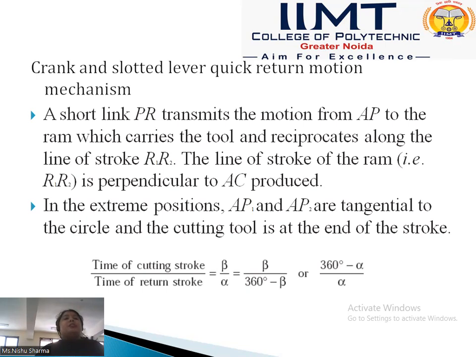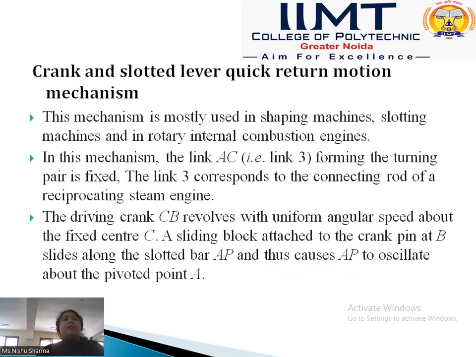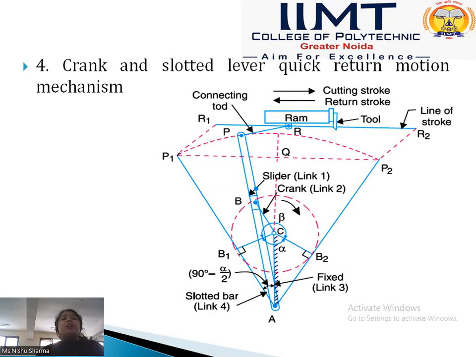We see that when the crank is moved from CB1 to CB2, where CB1 and CB2 are just crank positions, the cutting tool moves in the forward direction and forms the cutting stroke, making the angle beta.